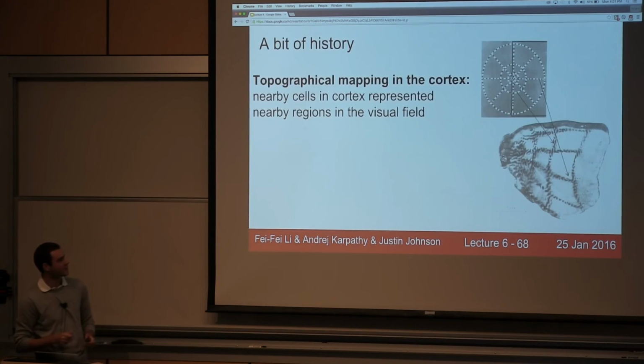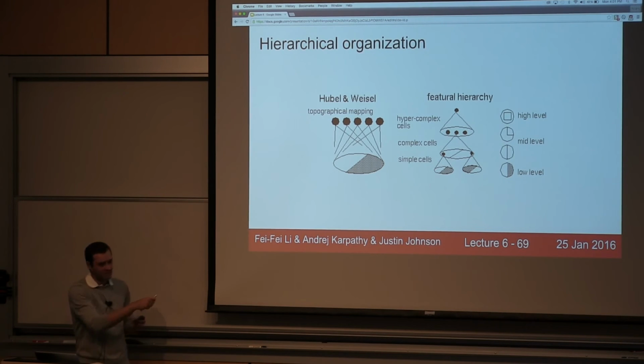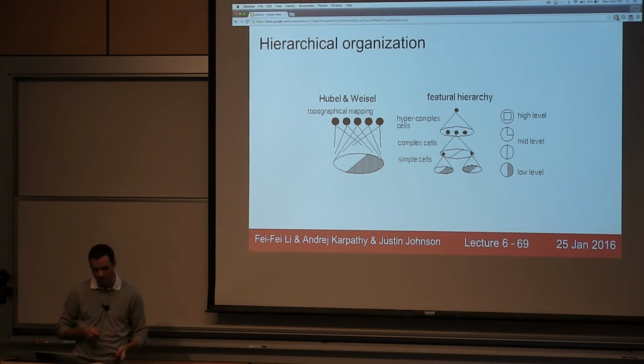They hypothesized through all of these experiments that the visual cortex has this kind of hierarchical organization where simple cells feed into other cells called complex cells, and so on. These cells are building on top of each other. The simple cells in particular have relatively local receptive fields, and we're building up more and more complex representations in the brain through successive layers of representation.